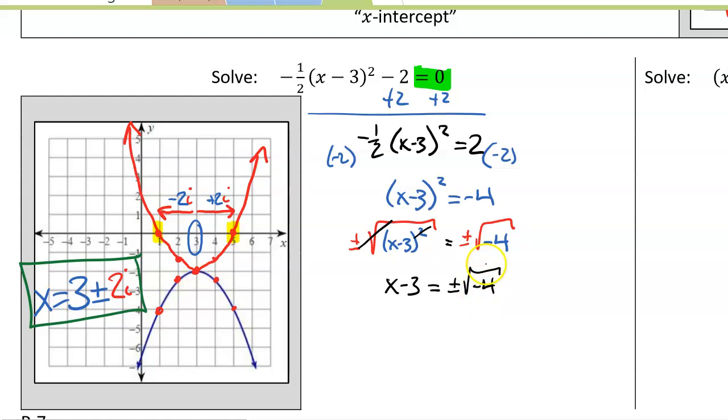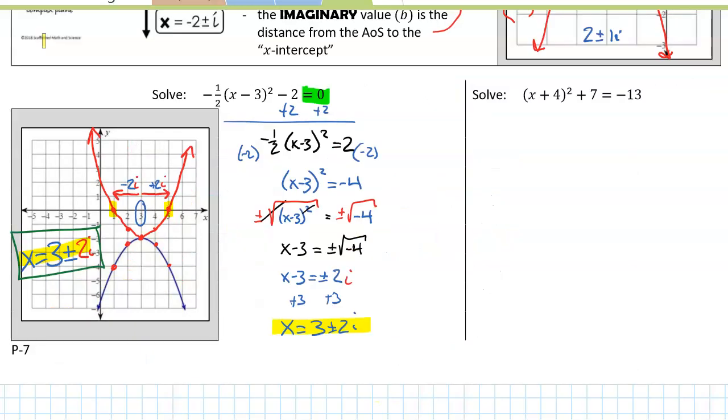Now, the negative means that we're going to have some i in our answer, and the square root of 4 we should know by now is equal to 2. So we get x minus 3 is equal to plus or minus 2i. I can add 3 to both sides, giving us an answer of x is equal to 3 plus or minus 2i. The exact same answer I got when I helped visualize via my graph reflection and our distance from the axis of symmetry of 3.